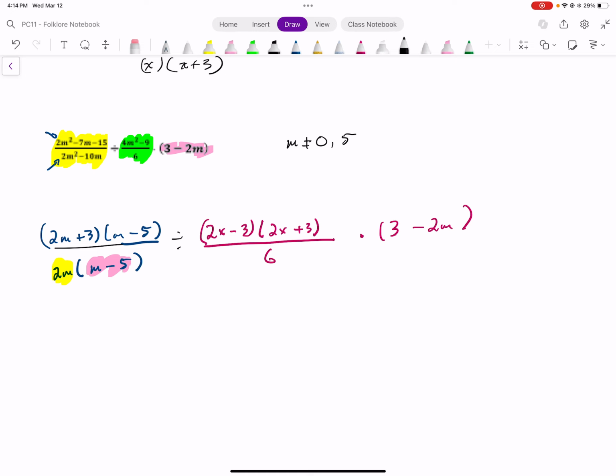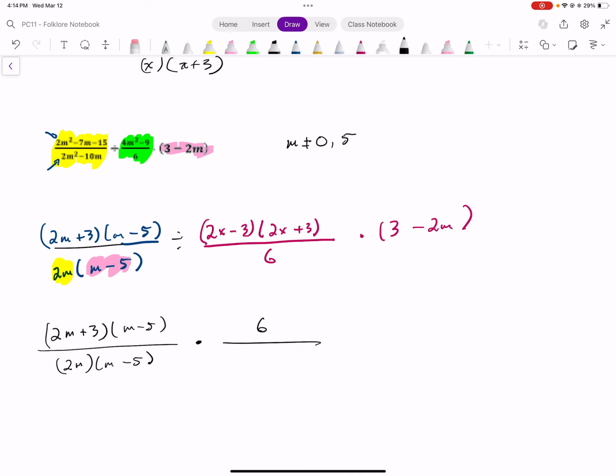I'm going to rewrite my division as a multiplication by multiplying by the reciprocal of the divisor. So 2m plus 3, m minus 5, divided by 2m, m minus 5, divided by, so now I'm going to take the reciprocal of it and change this into a product.